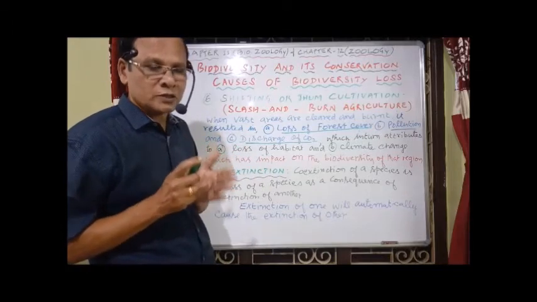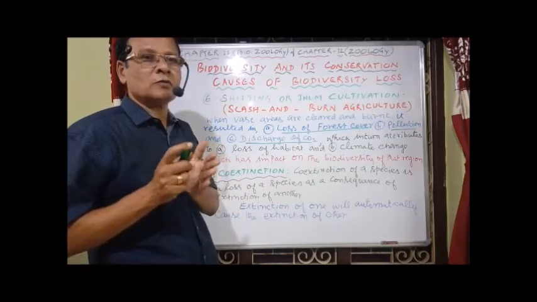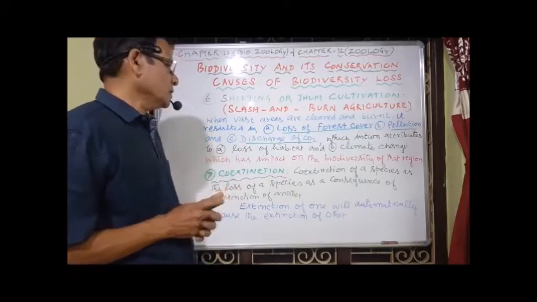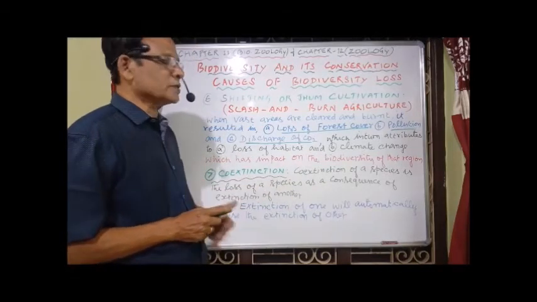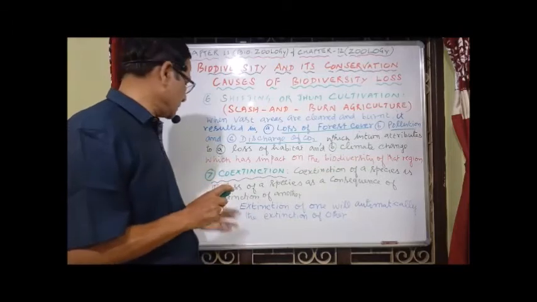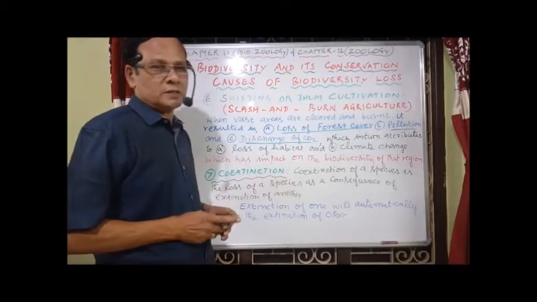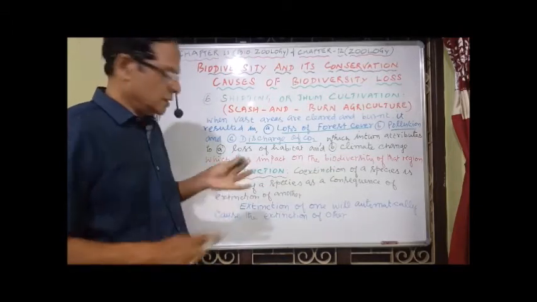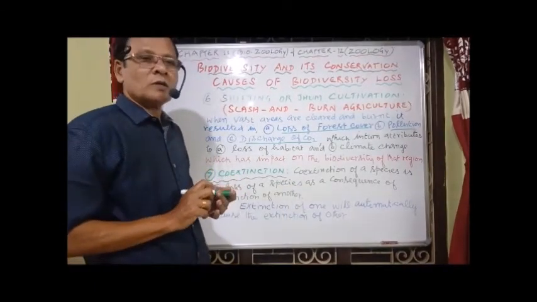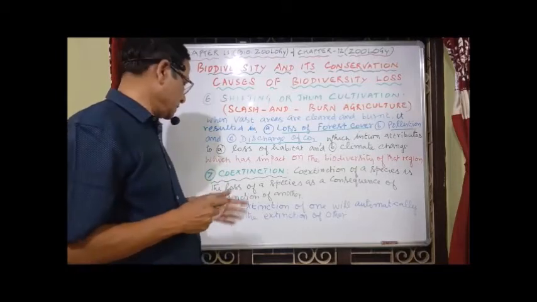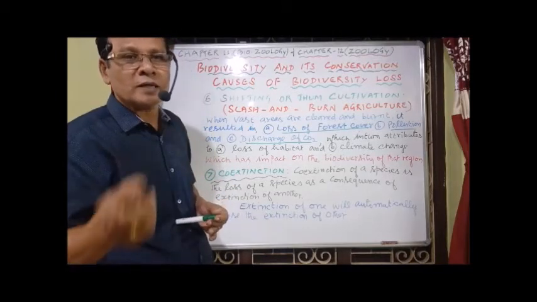When one goes extinct, automatically another one will also become extinct. So co-extinction of a species is the loss of a species as a consequence of the extinction of another species. So extinction of one will normally cause the extinction of the other.